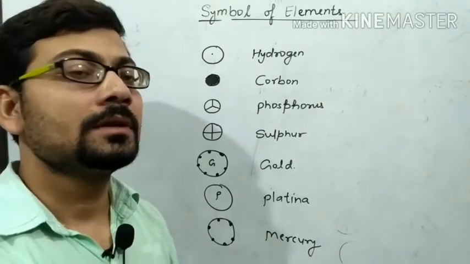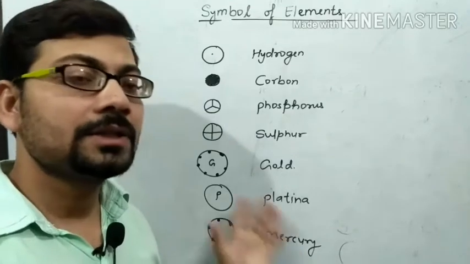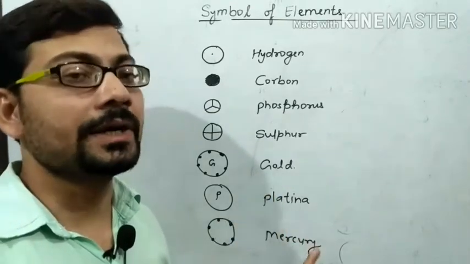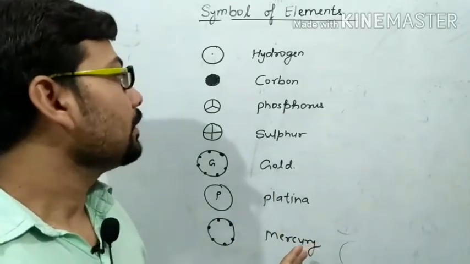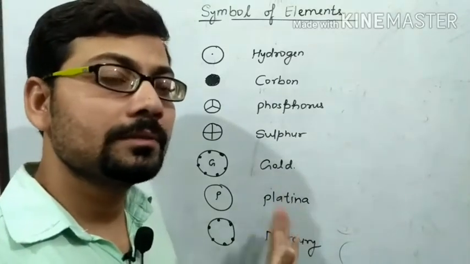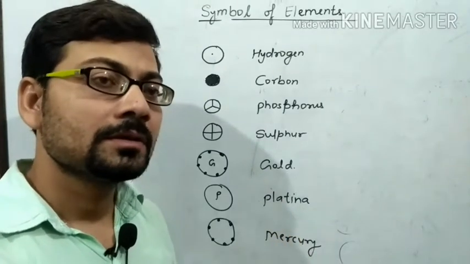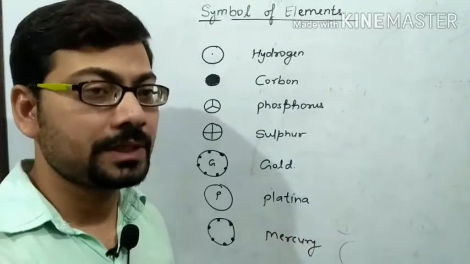Listen carefully. These symbols were given by Dalton, but they have been discarded. Berzelius gave the new symbols for the elements, which are recommended by the IUPAC.